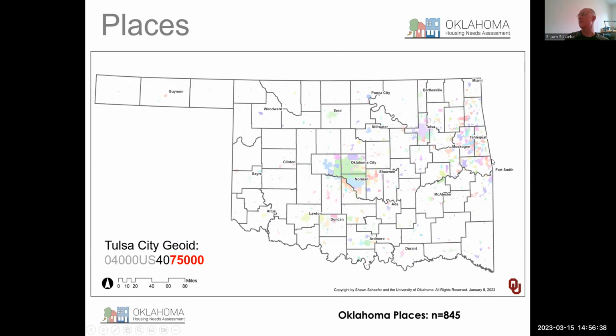And I suspect most of these are tribal designated places. Places also have a GeoID. They get a 5-digit number and so you can have, again, up to 100,000 of these in a state. So you can see you still have the 40 and then the 5-digit number. This happens to be the GeoID for the city of Tulsa.